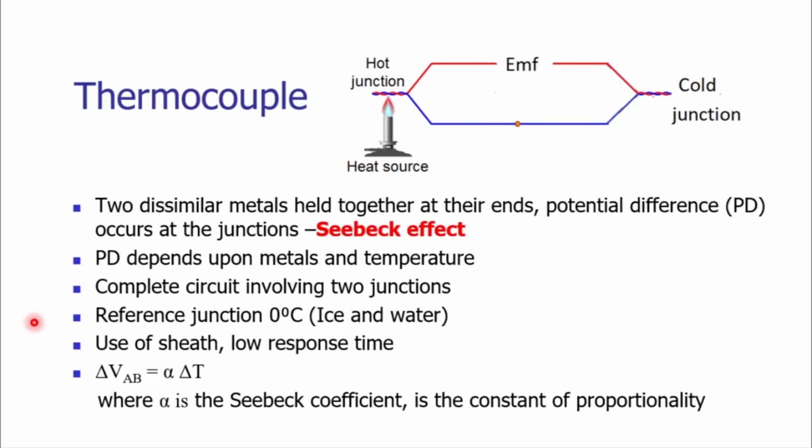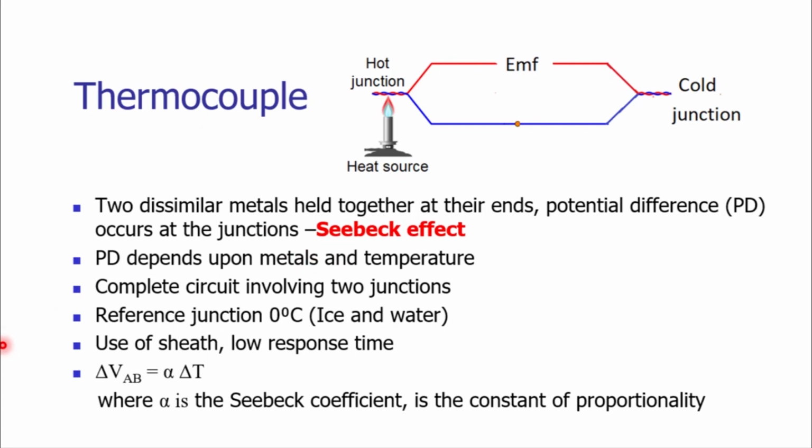One more important temperature measurement sensor is the thermocouple. It is very much used in the process monitoring and control of manufacturing operations such as welding. The thermocouple works based upon the Seebeck effect.